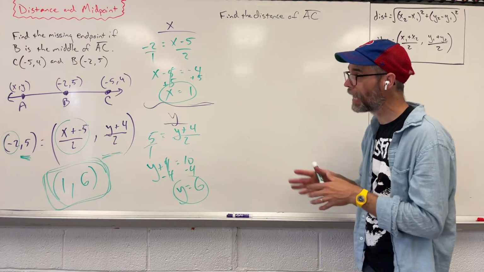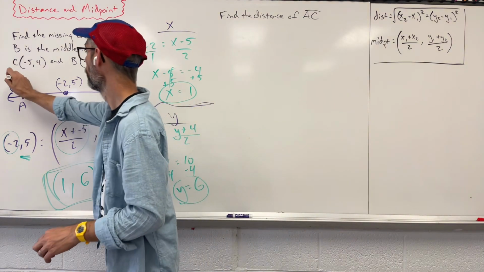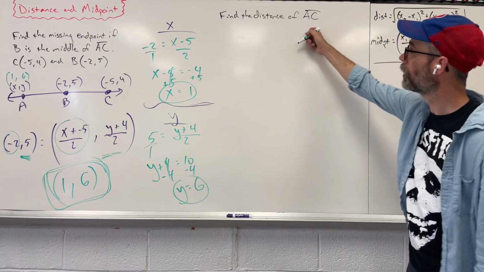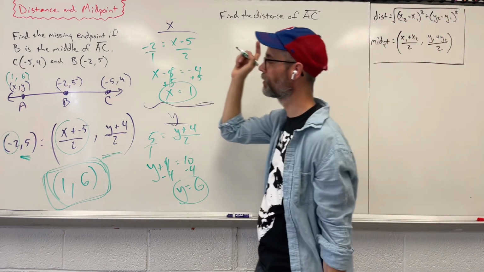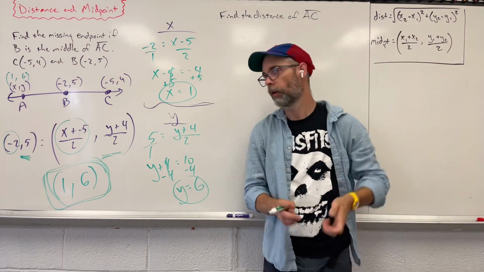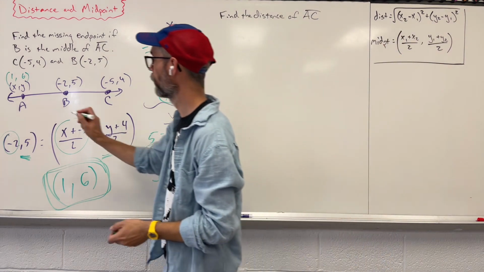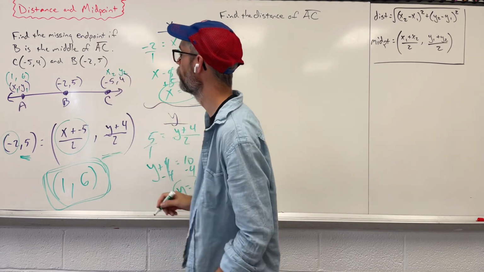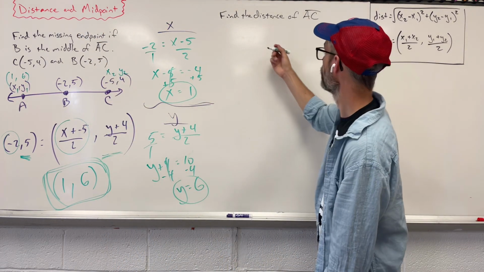Okay, now that we have our missing endpoint of 1, 6, I want to find what is the distance from A to C. What's the distance from one end to the other? Let's come back to our distance formula here. Let's label everything. x1, y1, x2, y2, and let's plug them all in.